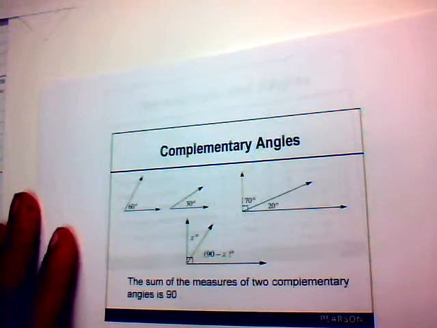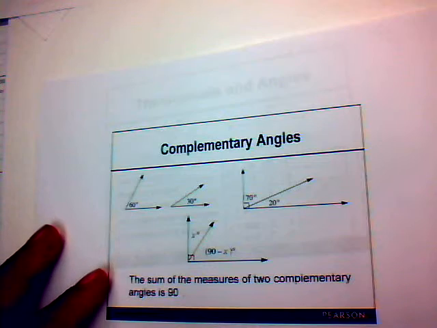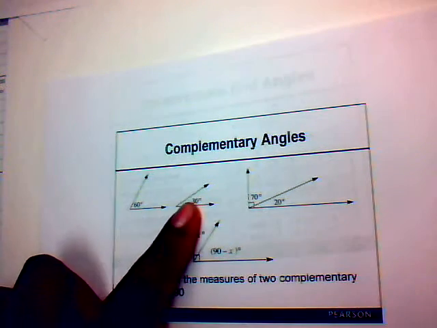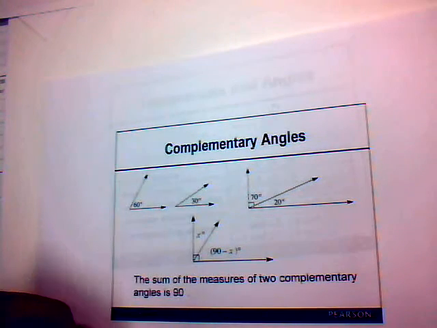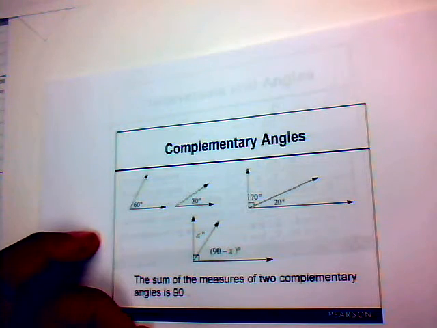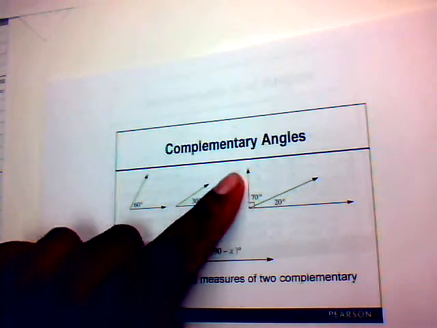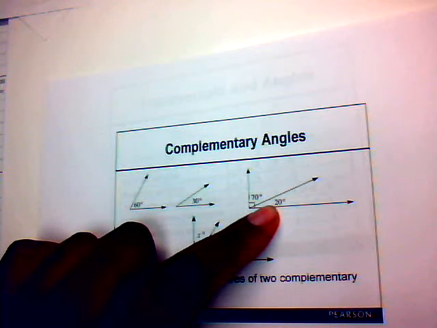All right, next is complementary angles. Here the sum of the measures of two complementary angles is 90 degrees. So if we have two angles here, one is 60 and one is 30 degrees, add those two angle measures together, they add up to 90 degrees. So that's complementary. Also, here's another pair of complementary angles. One is 70 and the other one is 20.